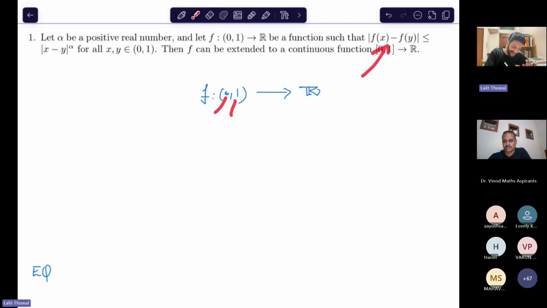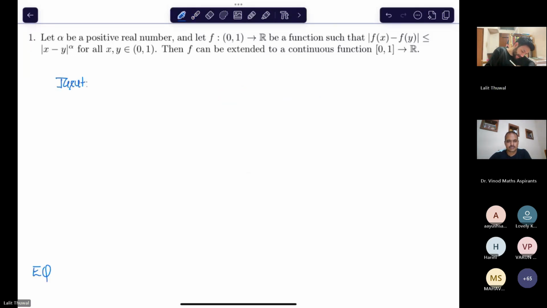We can extend a function f from the open interval (0, 1) to a continuous function on the closed interval [0, 1] if and only if it is uniformly continuous. That means a function will be uniformly continuous if and only if the limits at the endpoints exist. Here I am using this result.